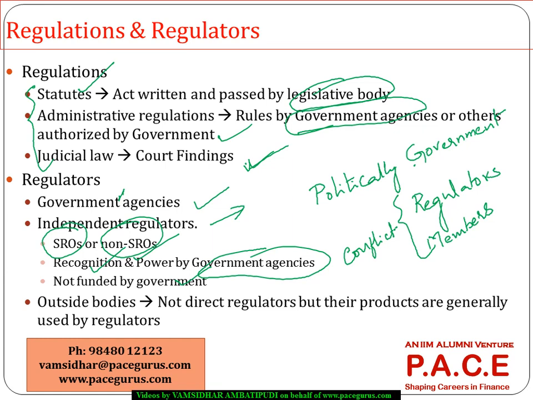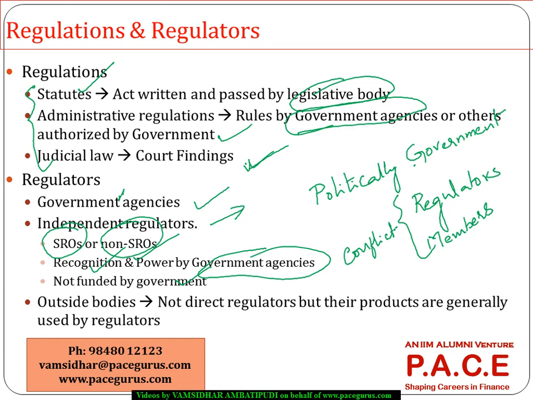There is a possibility that whatever the decisions or whatever the regulations they are bringing up might be in their own personal benefit. So some kind of conflict of interest can come into the picture. If it is a self-regulatory organization, first of all, it need not be an independent regulator.